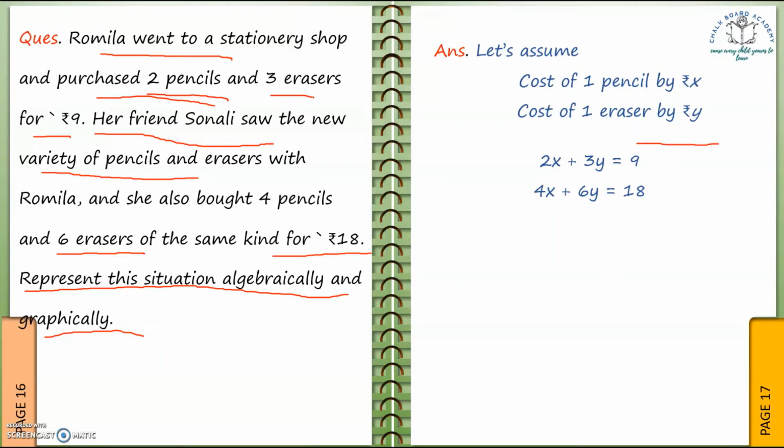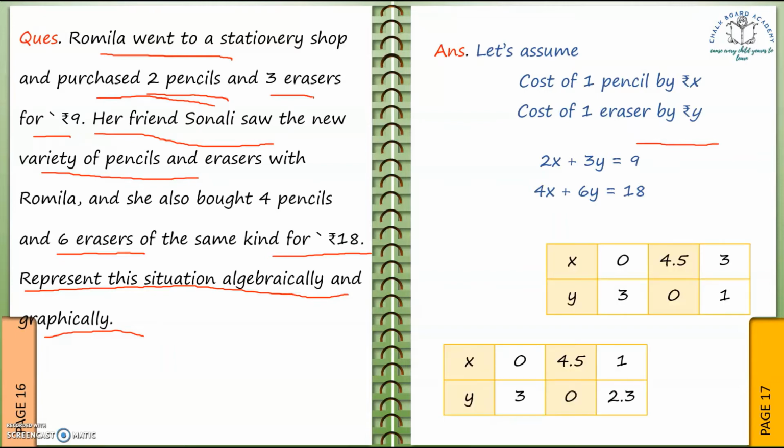For this, I am not going to discuss again case by case how to find the solutions. I am directly putting the solutions in the form of a box here. For the first equation, I have taken x as 0, then I got y as 3. When I put y as 0, I got x as 4.5, and similarly when I put y as 1, I got x as 3.